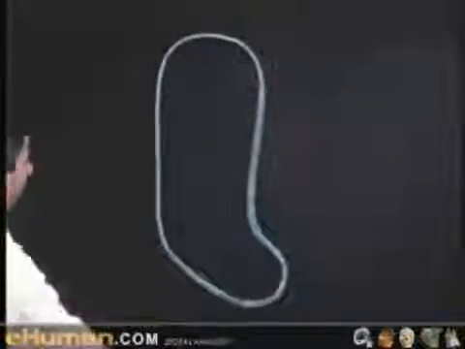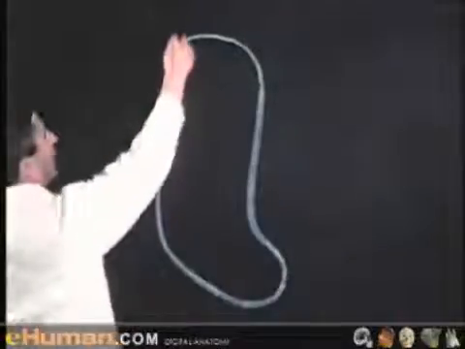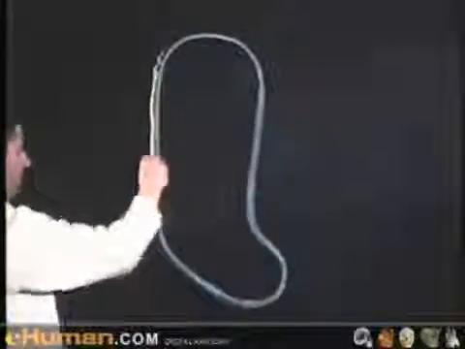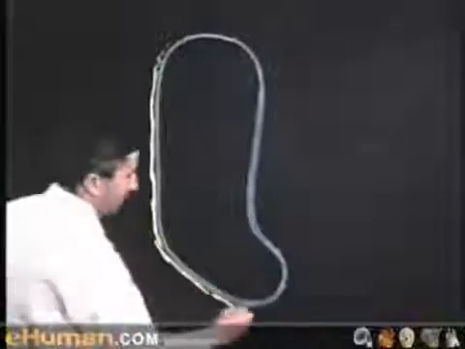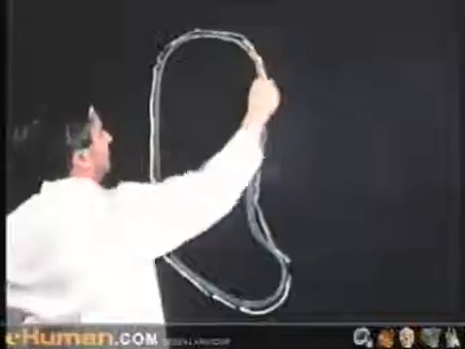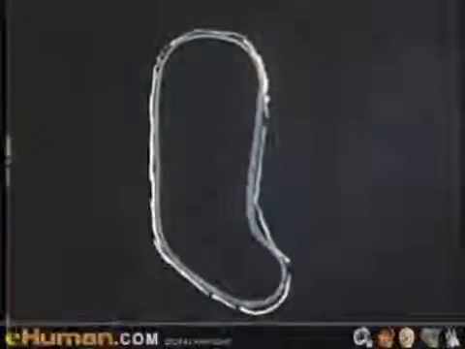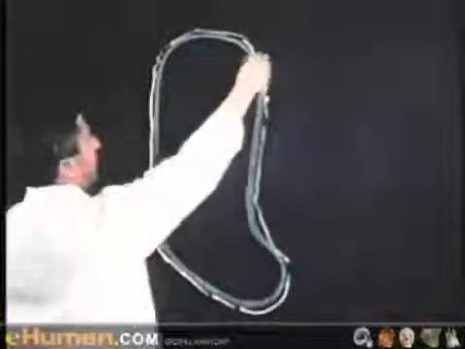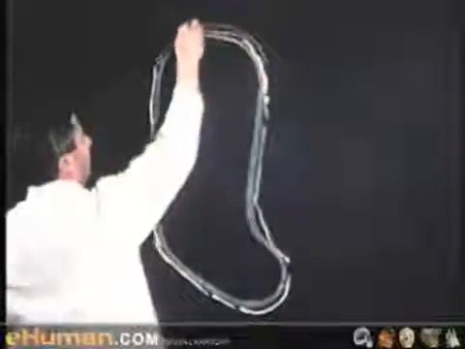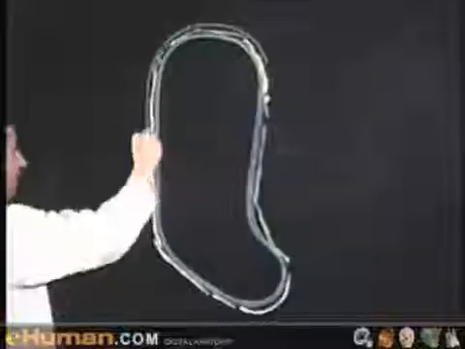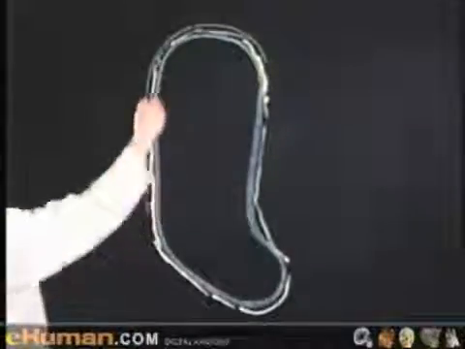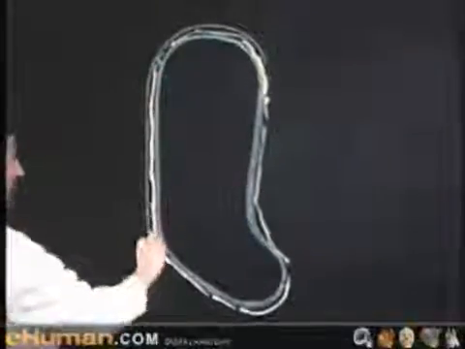Now outside the parietal peritoneum we have extraperitoneal fat, and I'll just indicate it in this manner all the way around. And then outside that again we have a fascial envelope, and the fascia will be named according to the muscle upon which it lies. So we have the diaphragmatic fascia lying on the undersurface of the diaphragm. When it comes down here it lies on the posterior surface of the transverse abdominis, so we call this the transversalis fascia.